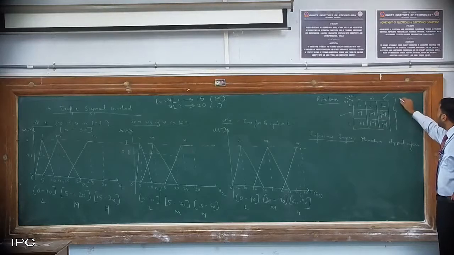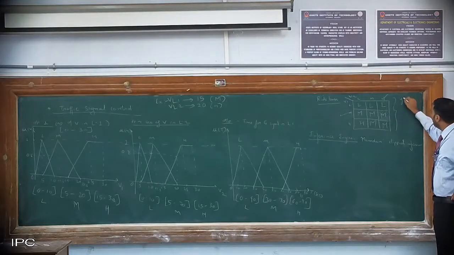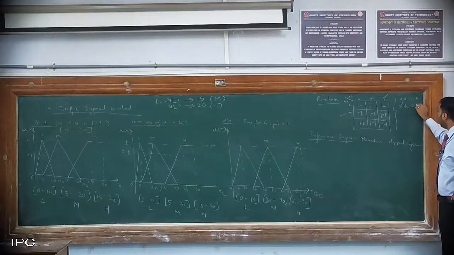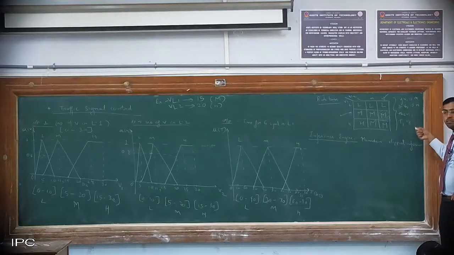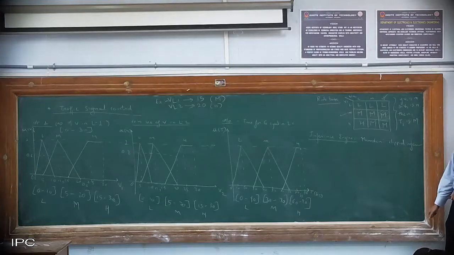So if V1 is M and V2 is H, then T1 is M. This is the rule which is getting executed.